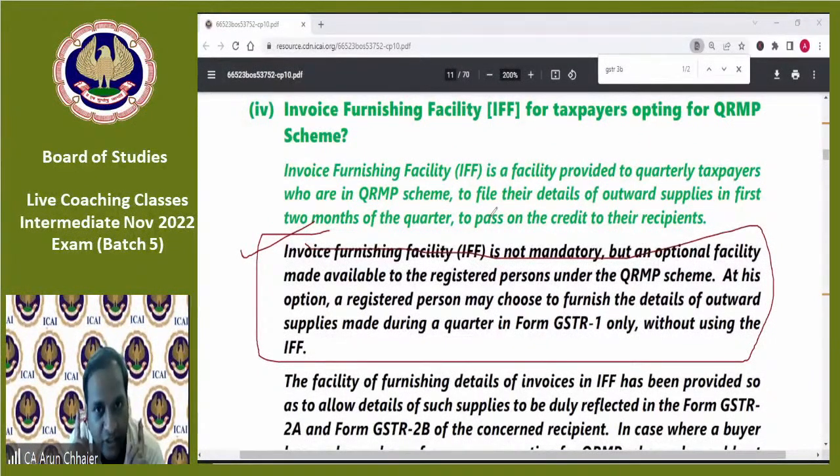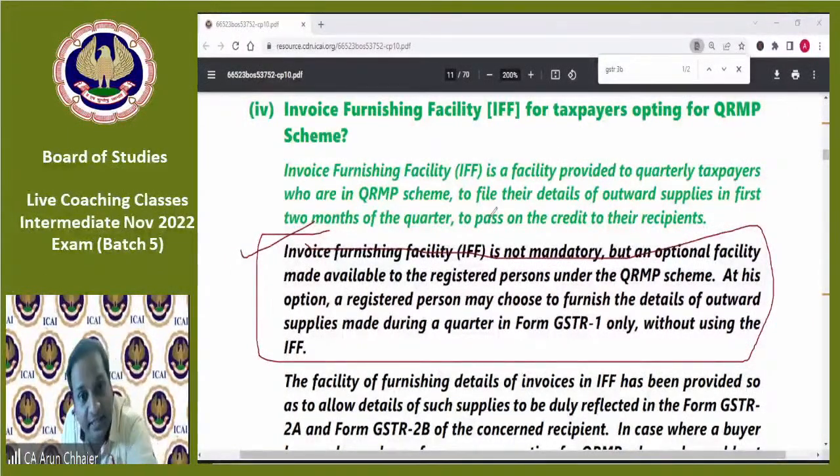See, in case of the quarterly, the tax payment will be made for month 1 by 25th of next month, month 2 by 25th of next month through PMT 06. Are we filing the 3B monthly in case of QRMP? No. Perfect. This amount would be lying in your cash ledger.